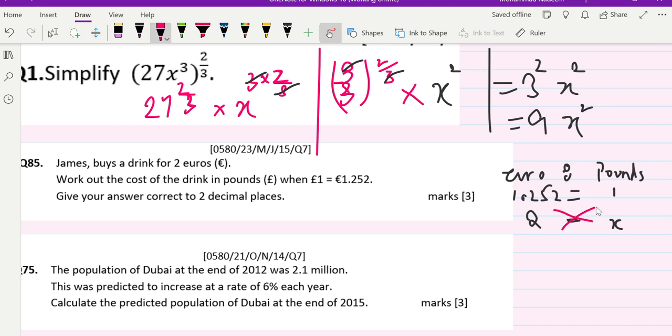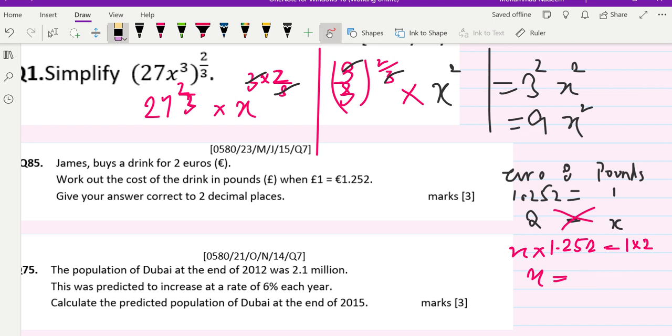Cross multiply after writing this. So you will write x times 1.252 is equals to 1 times 2. Make x the subject as usual. So 1.252 will be divided on the other side.